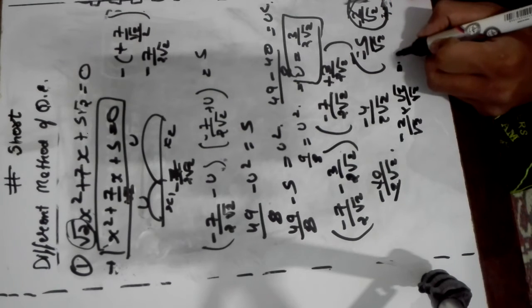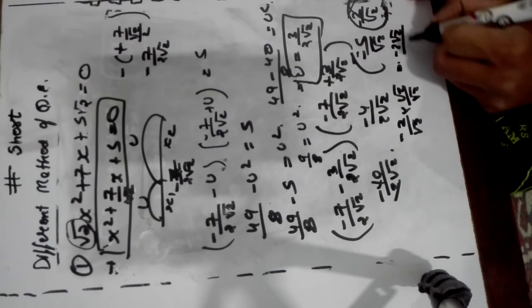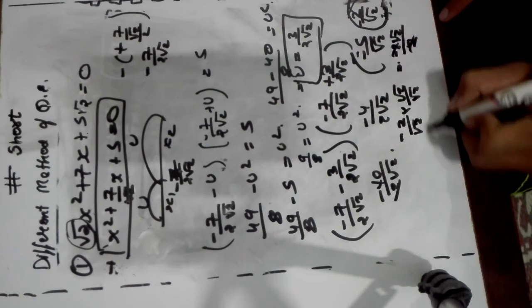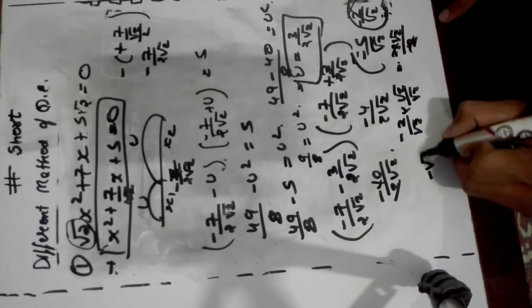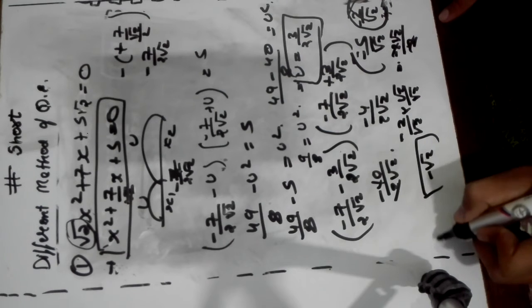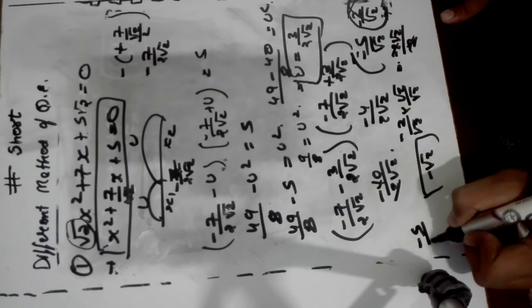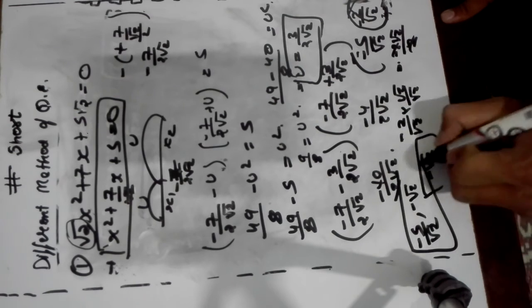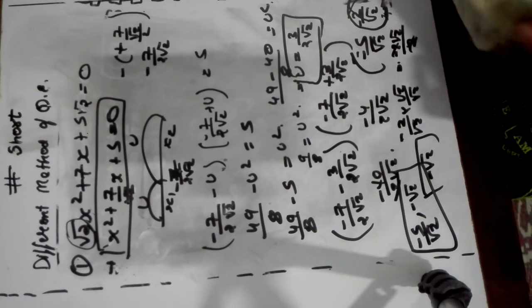We get minus 2 root 2 by 2. So we get minus root 2. So we get roots as minus 5 by root 2 and minus root 2. So this is how simple it is.